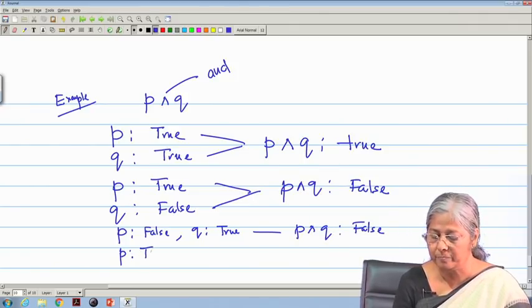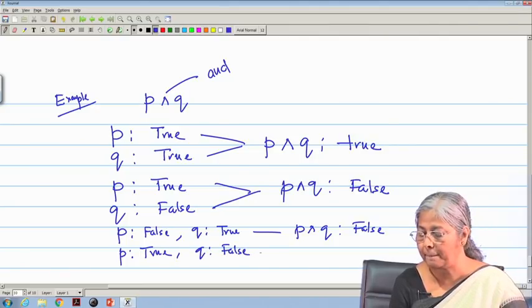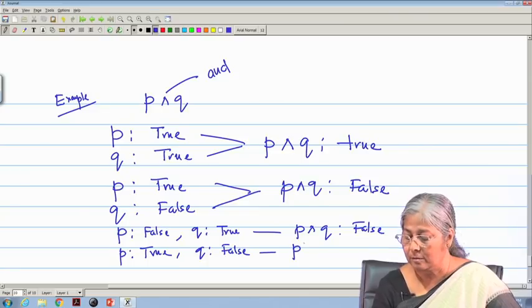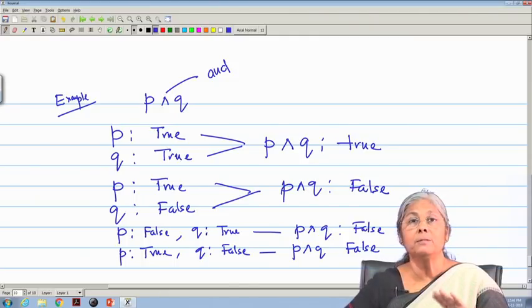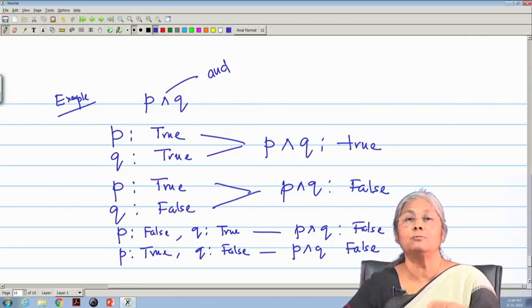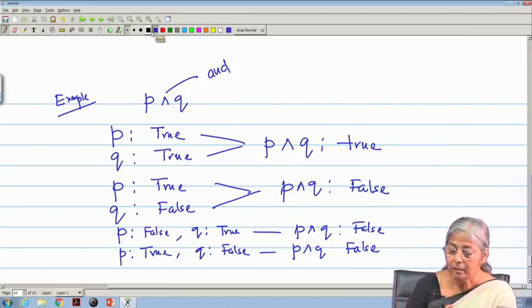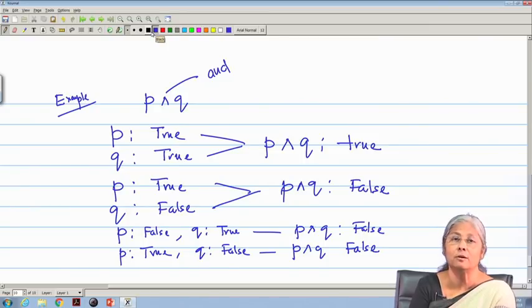P true, Q false, P and Q false. So, in a table, if we give the truth values for all the assignments of the propositions, that will give us the truth table. Now we see the truth tables of these three basic operations.